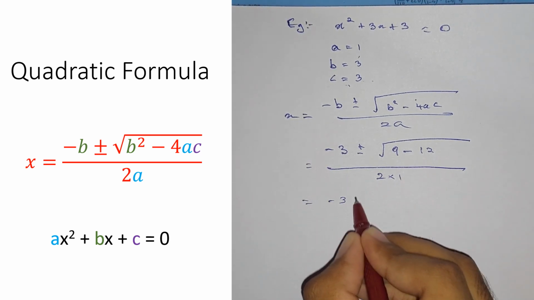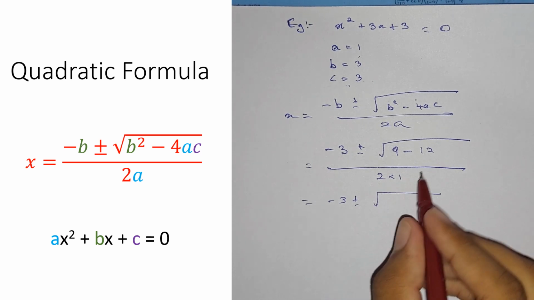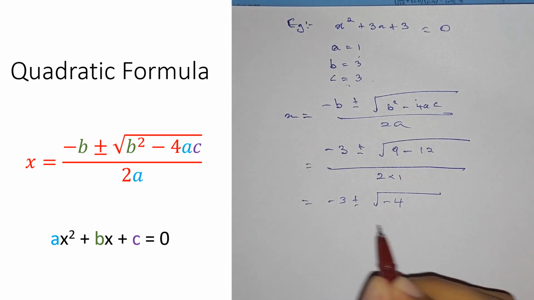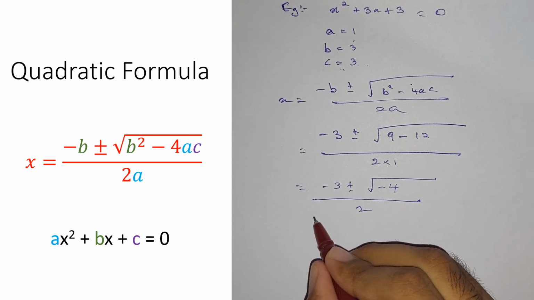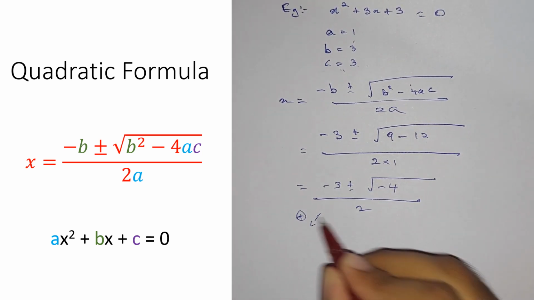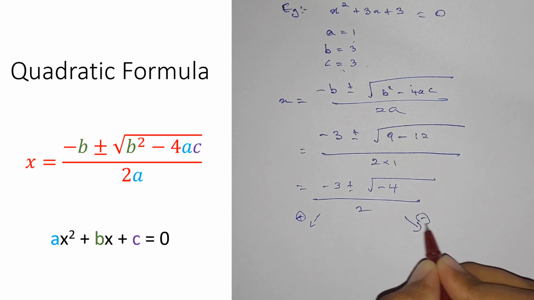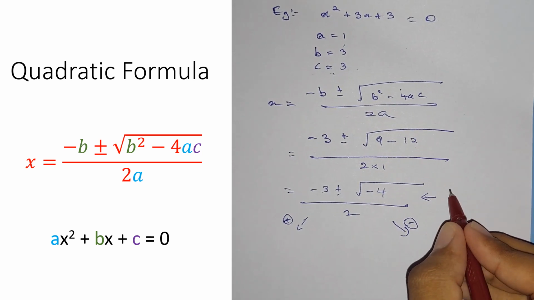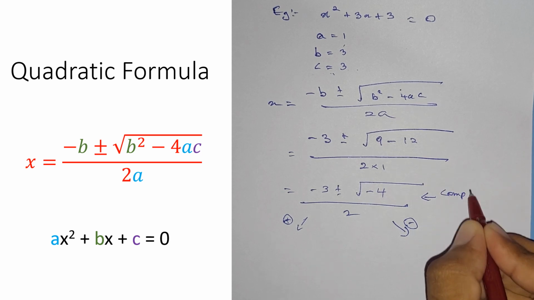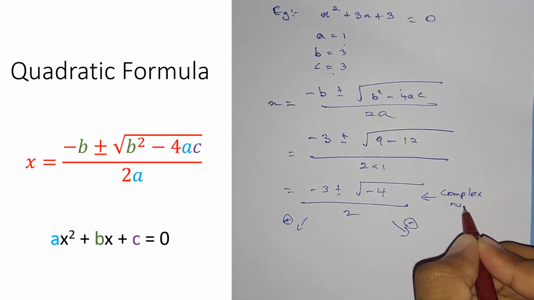So minus 3 plus or minus square root of negative 3 over 2. So here we have a negative root. This means we should get a complex number as a result.